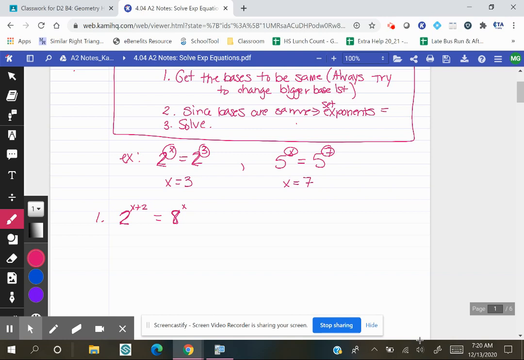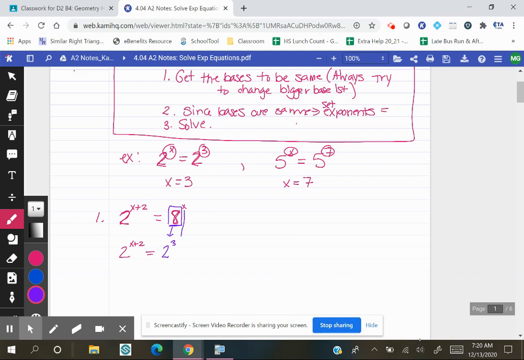So I think to myself, okay, well, 2 squared is 4. 2 to the third is 8. So I'm going to take this 8 and I'm going to rewrite it as 2 to the third. So I took just this 8 and I replaced it with 2 to the third.